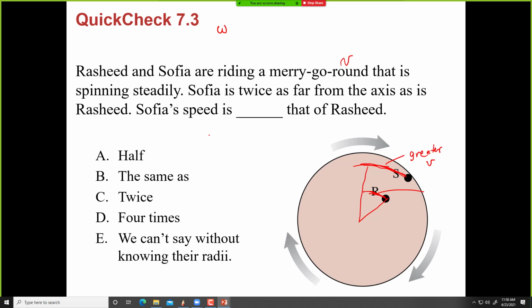So V is omega R, and the radius for S is twice as that of R. So that means S velocity would be half or twice?